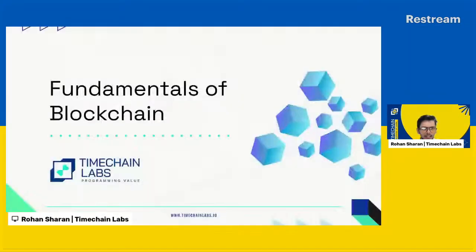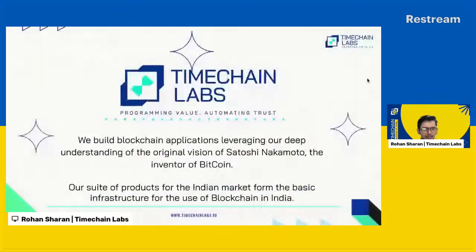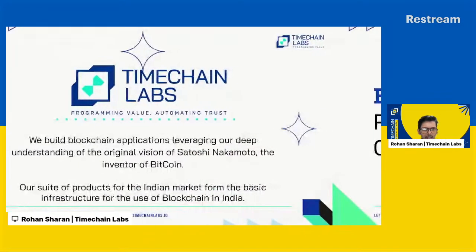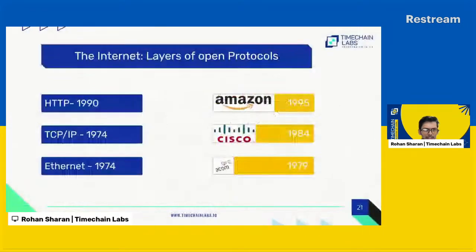Okay, continuing where we were at. So there are different layers of the internet right now. Have you heard of the HTTP protocol? If any one of you has been a developer before, there is layers of stack on the internet that makes up the internet entirely. Ethernet is the fundamental layer which connects different computers.